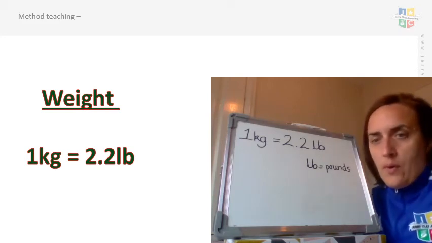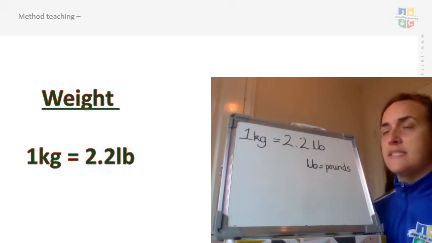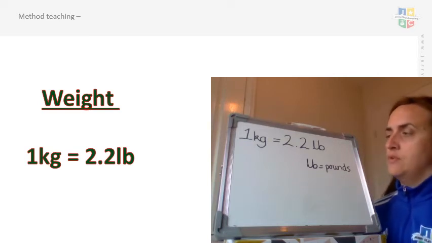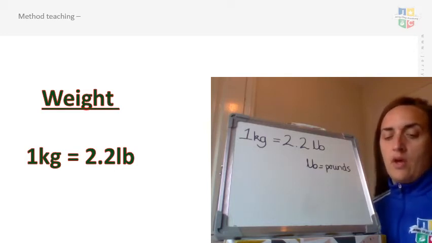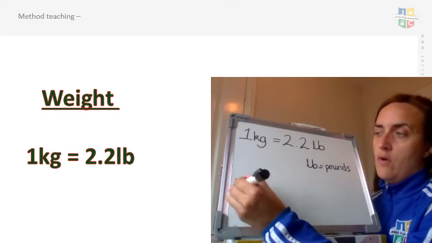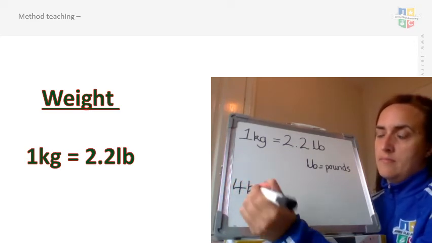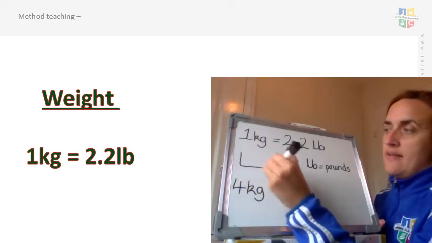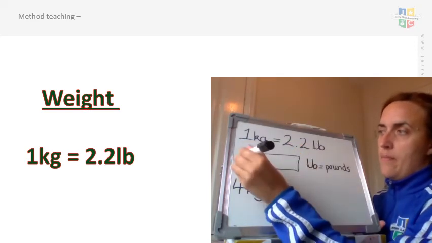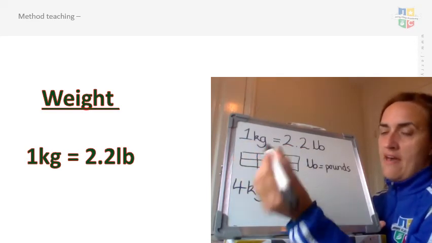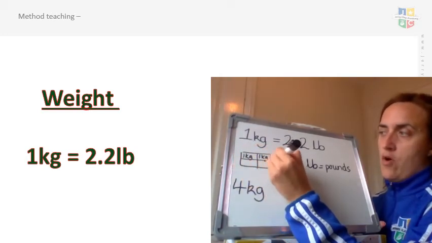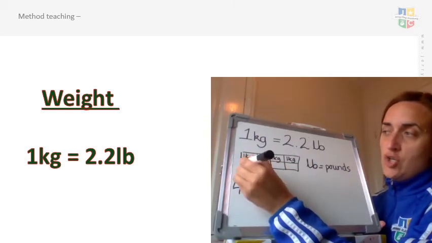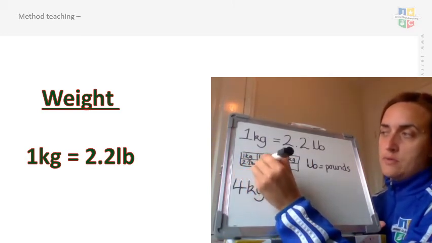So if we know that 1 kilogram is the same as 2.2 pounds, then we can start to work out some other amounts. So for example, 4 kilograms. If it helps you, you could draw yourself a little bar model, remembering that for each kilogram, I've done 4 because I'm looking at 4 here, there's 2.2 pounds.